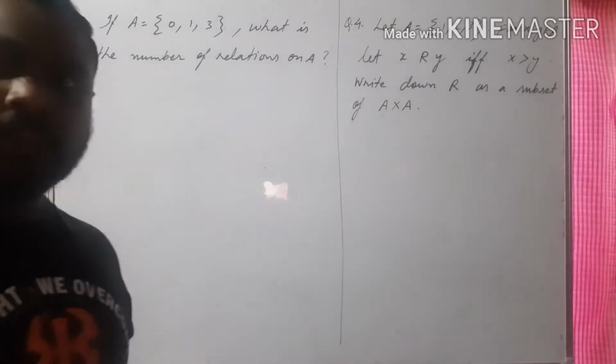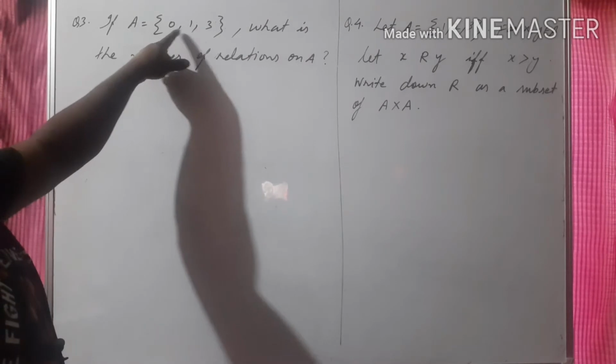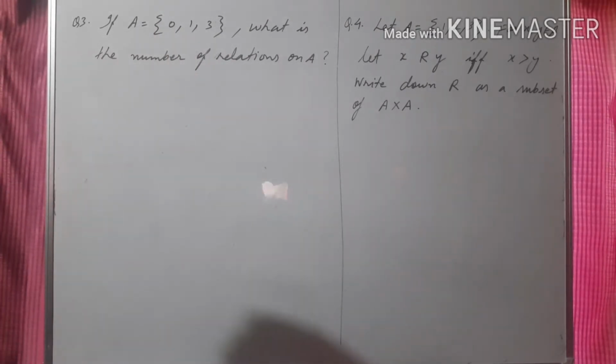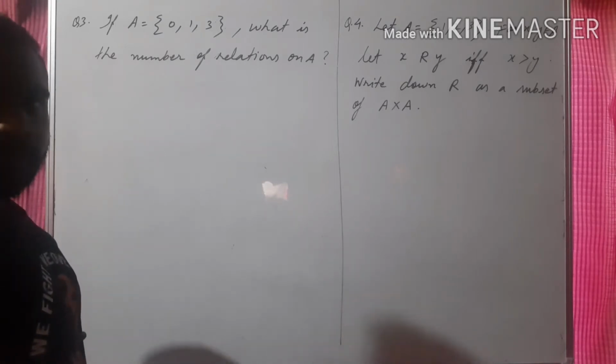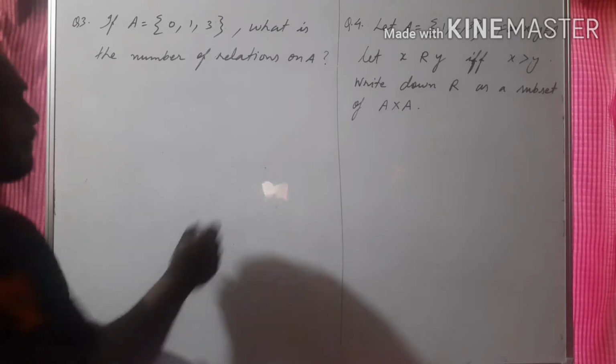So the next question is, if A is equal to 0 1 3, it's given 0 1 3 in the set A, what is the number of relations on A? Okay, so we want to find the number of relations.